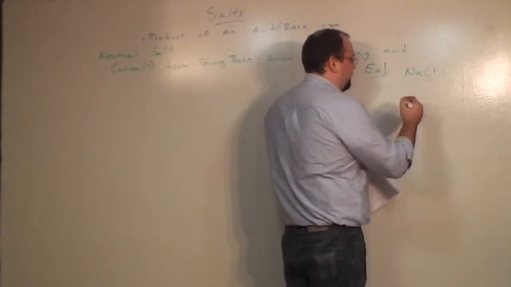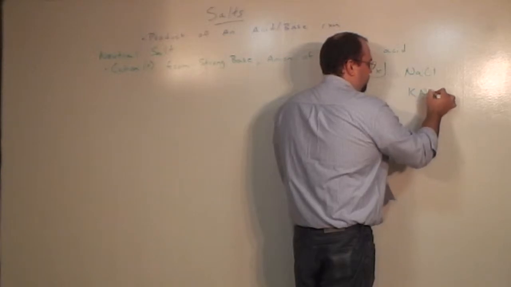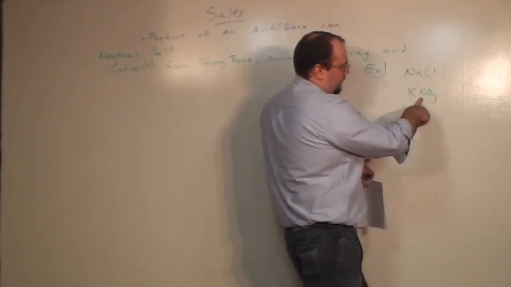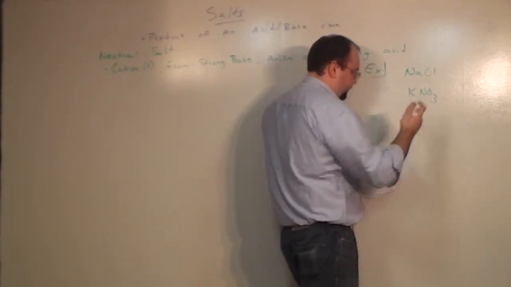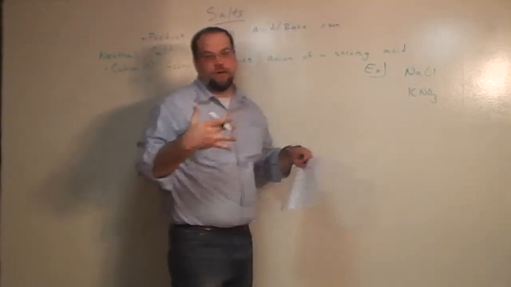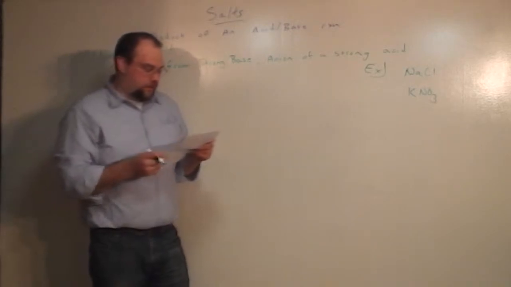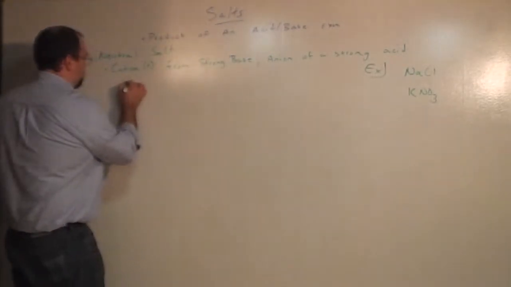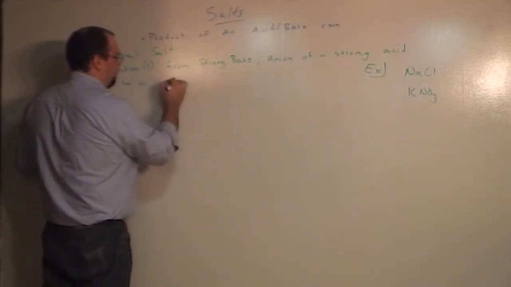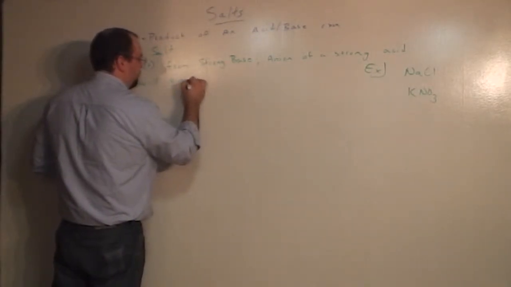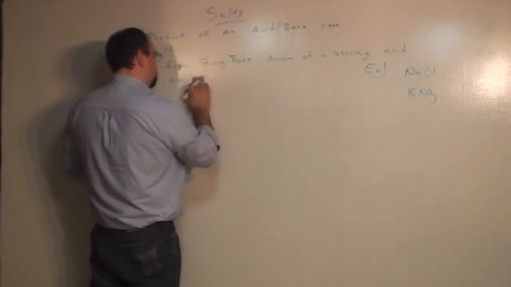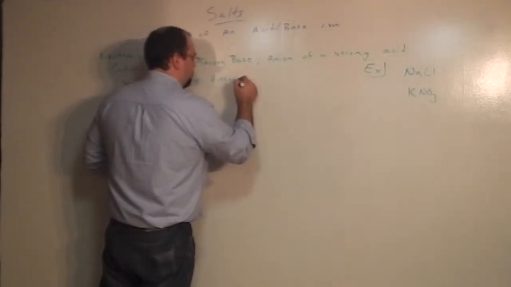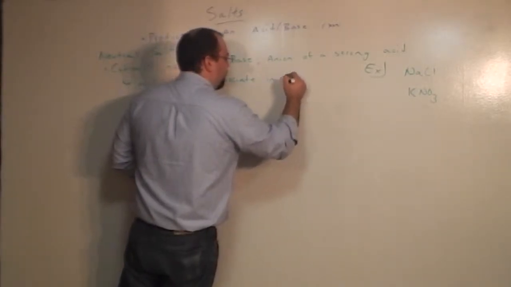Let's say I had KNO3. Okay, so potassium hydroxide and nitric acid, both strong, etc. We can make the list go on and on. Okay, a neutral salt will simply dissociate in H2O.